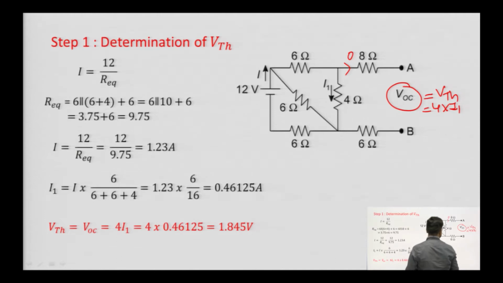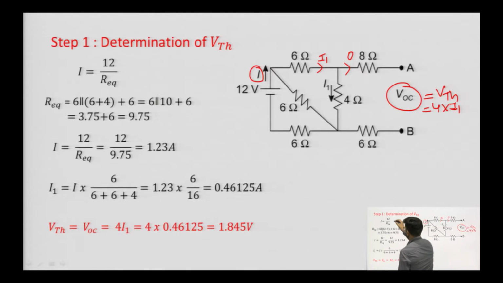To find the current in the 4 ohm resistor, first of all we will find I. Once we find I, we will apply the current divider rule here. I know the value of I, then we can easily find I1. It will also be equal to I1, because 0 current is flowing ahead.